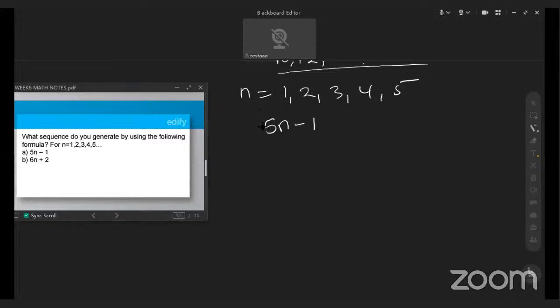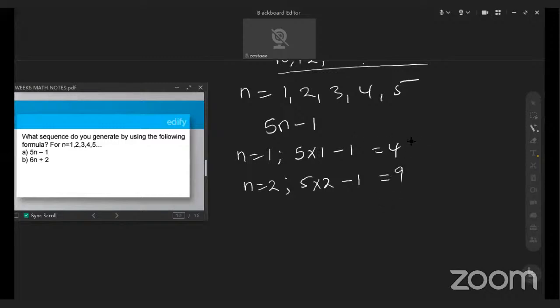So do the substitution. For n equals 1, we shall have 5 times 1 minus 1, which will be equal to 4. Then for n equals 2, it will be 5 times 2 minus 1, which equals 9.